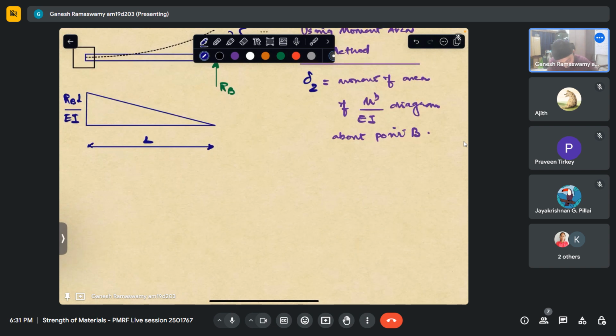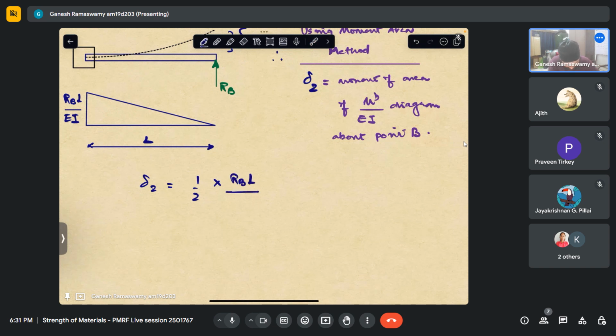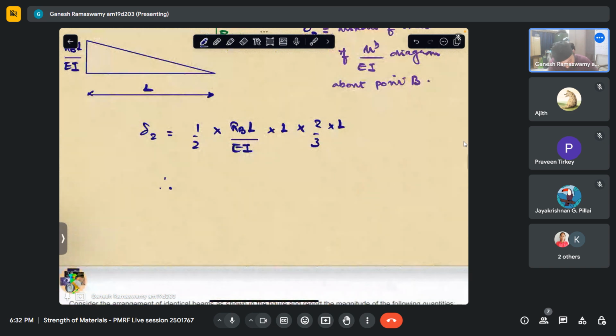So this comes out to be delta 2 is the area of this triangle, which is half into RBL by EI into L, into, we know its centroid is at a distance of 2/3 of L, which is nothing but 2 by 3 into L. So therefore, delta 2 comes out to be RB L cube by EI, and then I'll just calculate the coefficients.